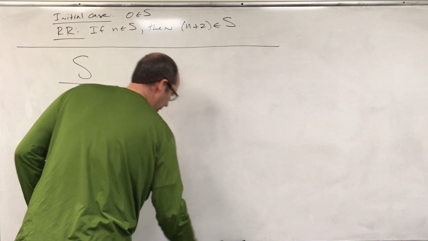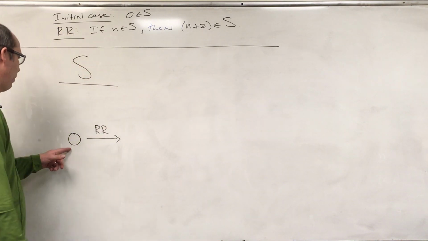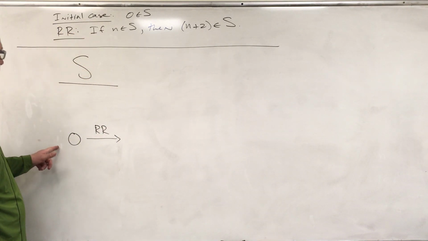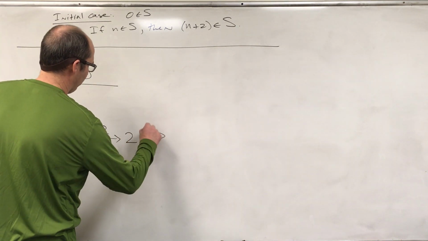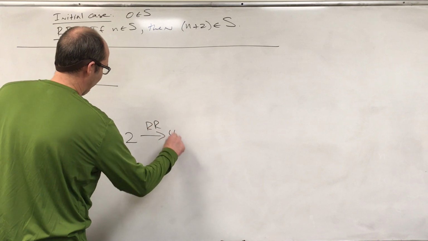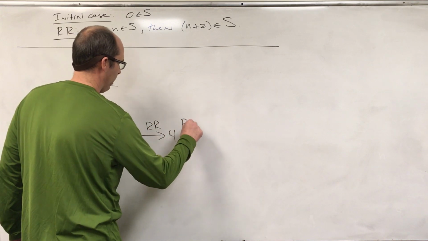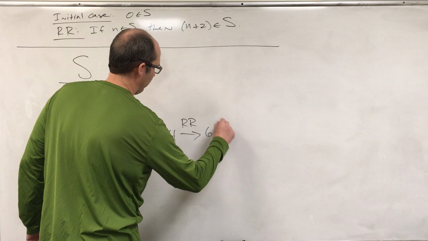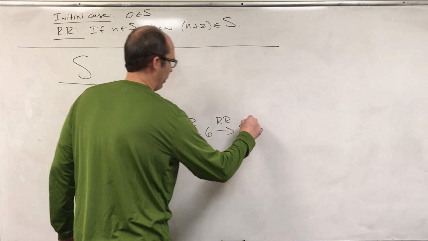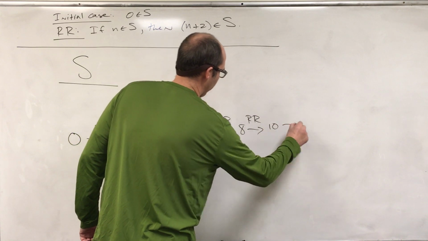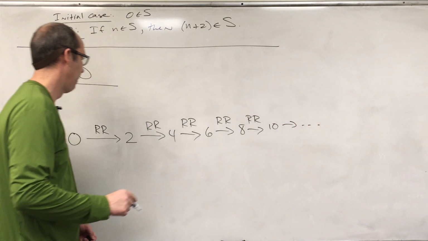All right, so let me simplify things just a little bit. The initial case gives us 0. Then applying the recursive rule, we get 2. Applying the recursive rule again, we get 4. Again, we get 6. Again, we get 8. Again, we get 10, and so on, forever and ever.